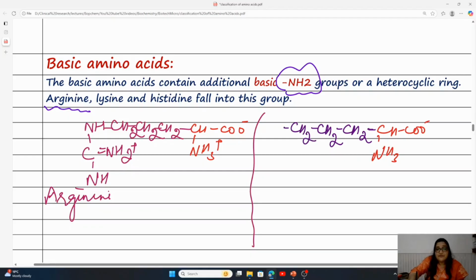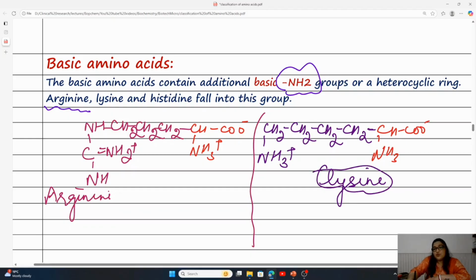So it is a basic amino acid. Why basic? Because there will be an additional NH3 positive group. So this is the structure of lysine. If you compare the structure of lysine and arginine, here are certain additional groups. This group is additional. The rest are almost the same.